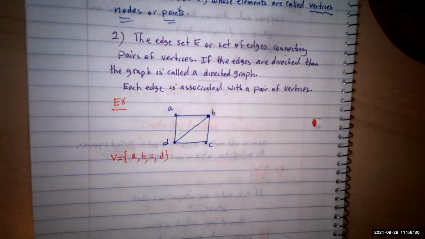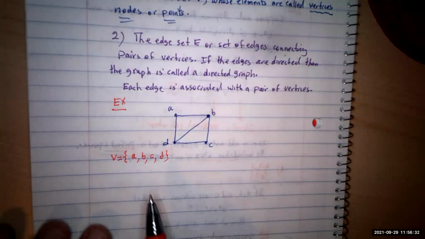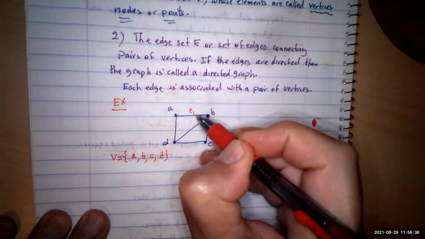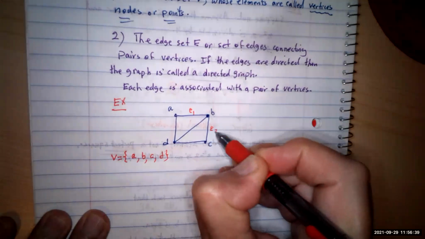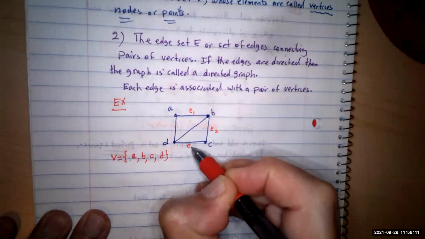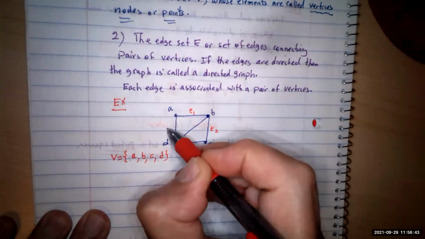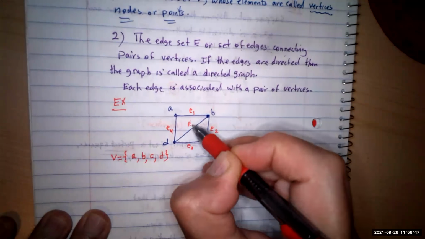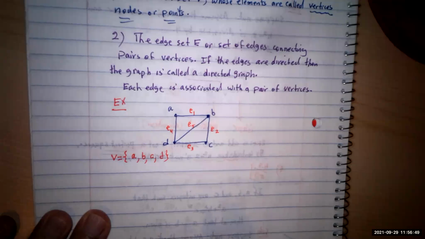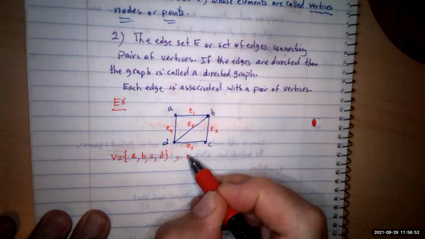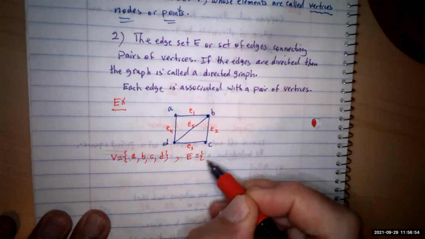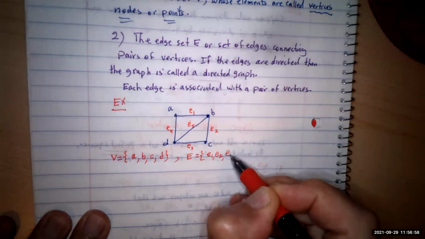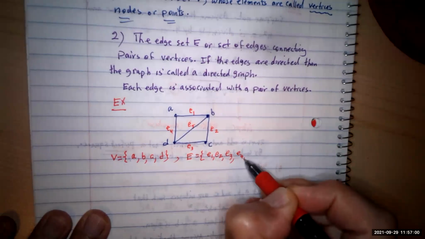Then you are going to have some edges. This is the way they are going to label them, for example E1, E2, E3, E4 and E5. So your edge set is going to have E1, E2, E3, E4, and E5.